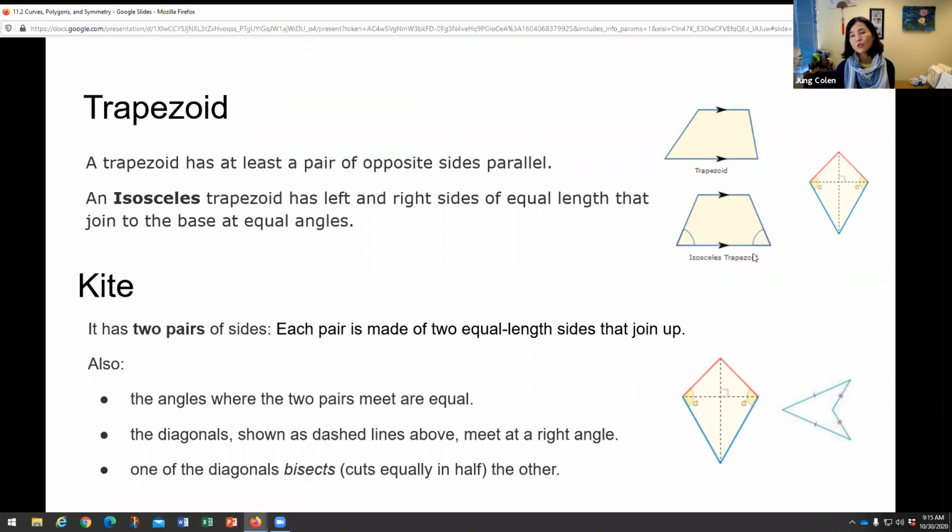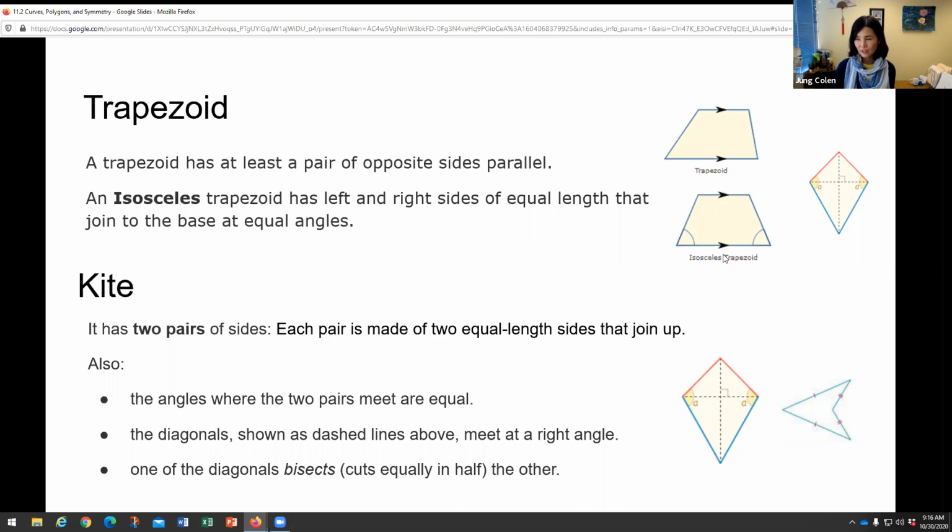Parallelogram has to have two pairs of opposite sides that are parallel. So all parallelograms are trapezoids, but not all trapezoids are parallelograms.